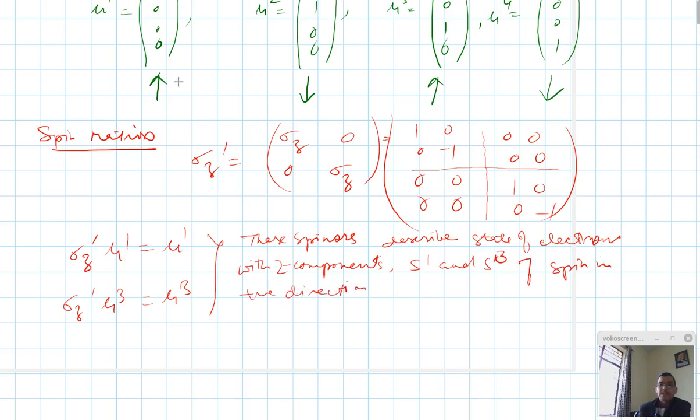Yes, it is a positive direction, positive spin, right? This is the positive spin and these are the negative spin. This corresponds to S1, this corresponds to S3, and this is S2 and this is S4.